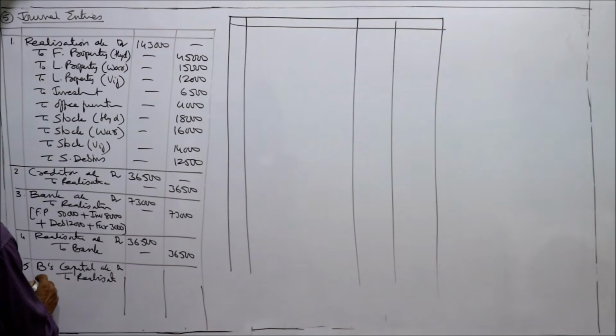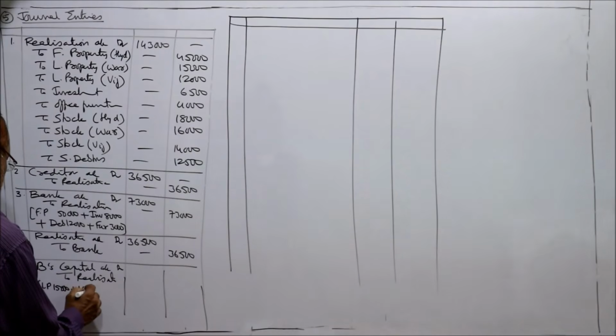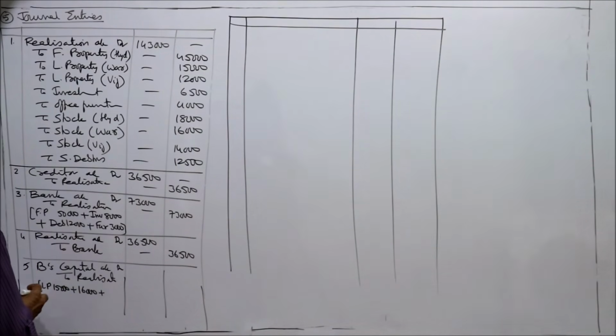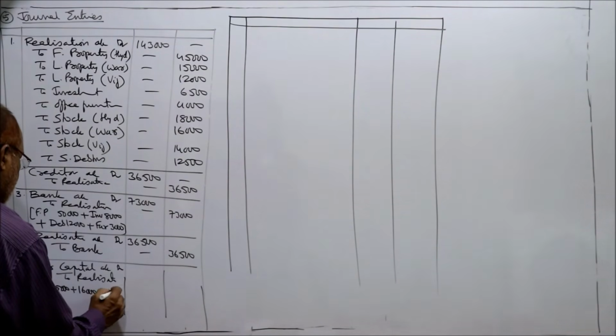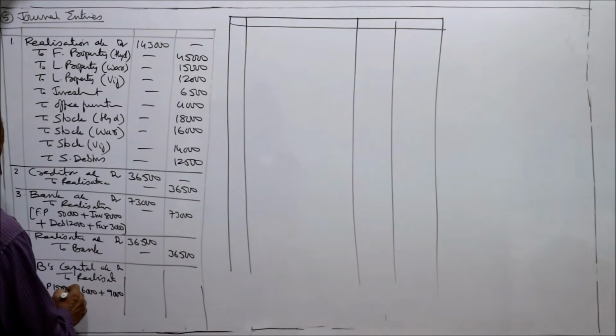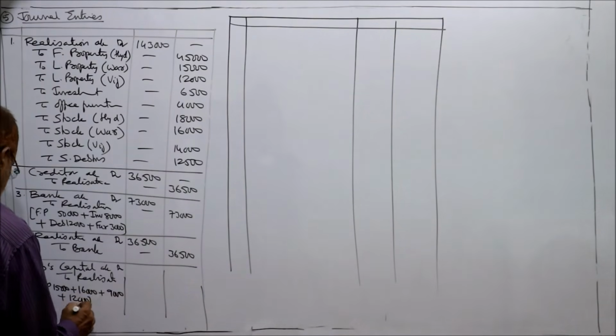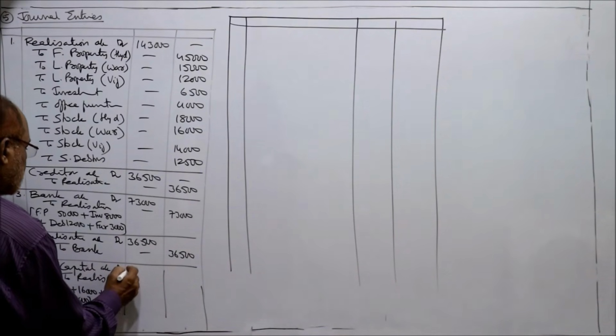Leasehold property, taking over at 15,000, plus stock, taking over at 16,000, plus Hyderabad stock, taking over at 9,000, plus goodwill, they are paying at 12,000. So total 52,000.